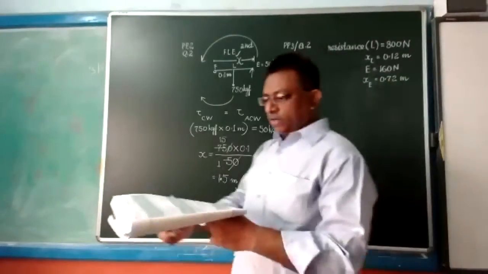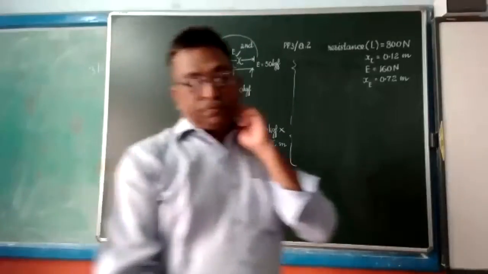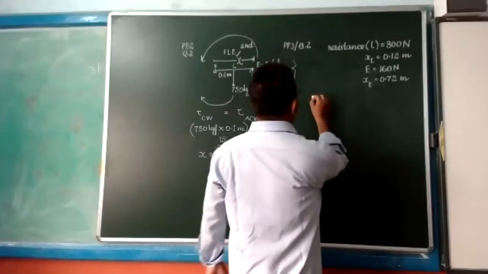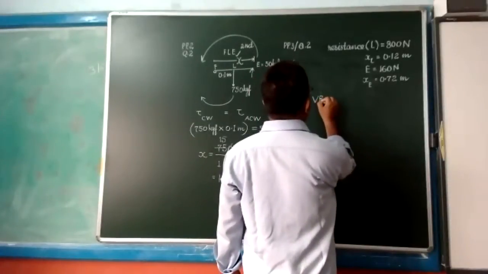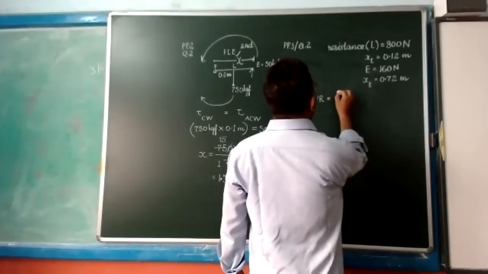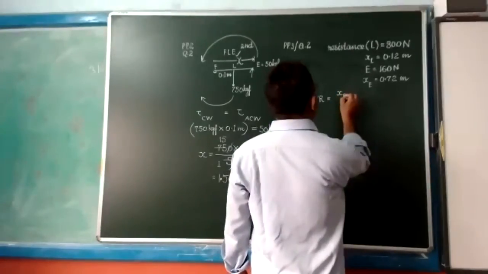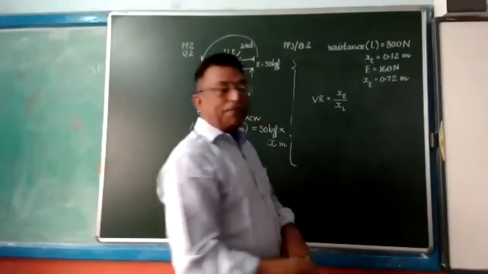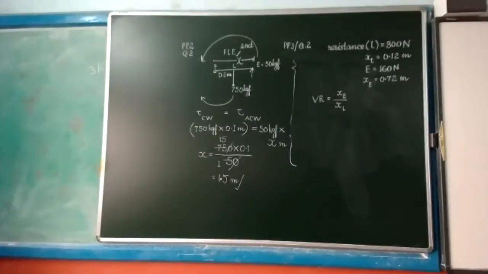Here, what is asked? Velocity ratio. So what is velocity ratio? Effort distance divided by load distance.